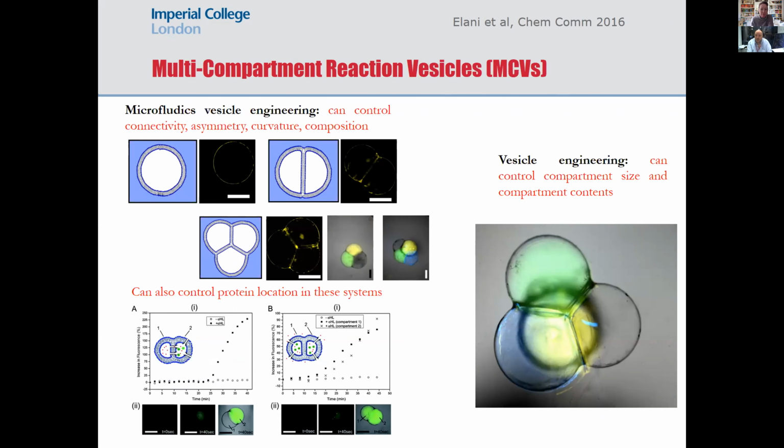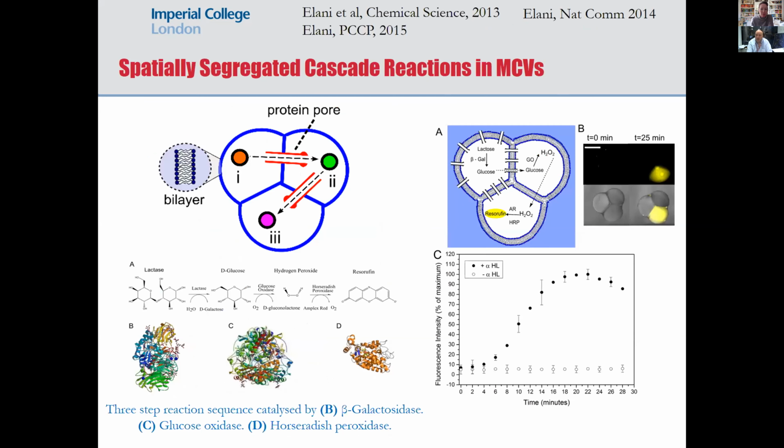So the next thing we did, in terms of engineering user-defined cascades, was to say: if we can make these systems now, can we decide what goes in the lumen of each subcompartment and engineer user-defined signaling cascades? So we made a series of compartmentalized systems where in this case you had beta-glucosidase in one compartment, glucose oxidase in the next, and peroxidase in the last compartment. And then I showed you before alpha hemolysin.